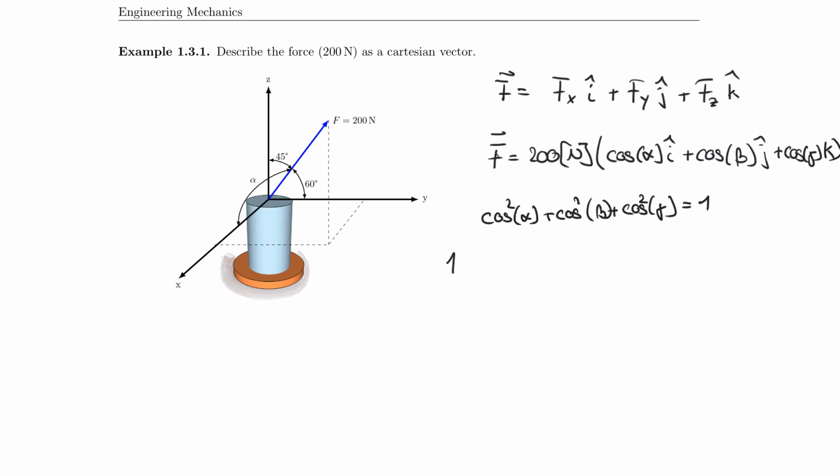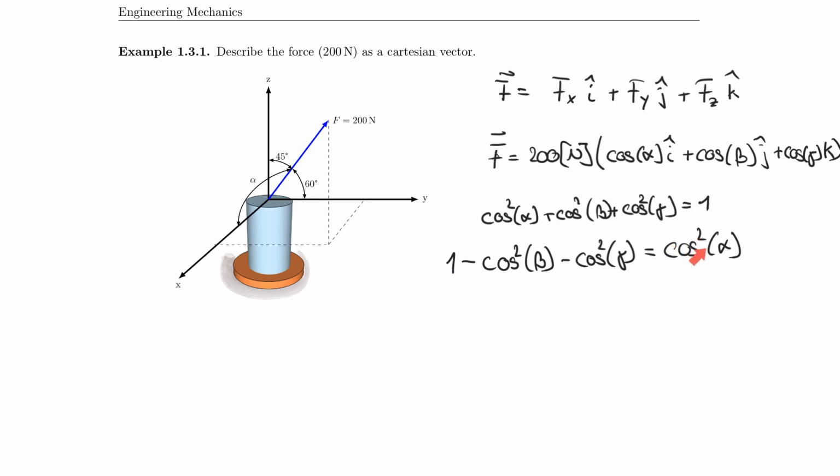So 1 minus cosine squared beta minus cosine squared gamma is equal to cosine squared alpha. Now I have to get rid of two things: the square of the cosine and the cosine itself. The square is actually easy to get rid of.